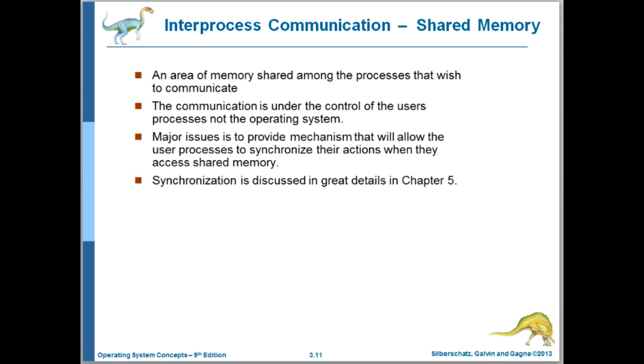The first written value will be overwritten by the second written value, and the final value of that shared piece of data will not reflect both updates. But that's a problem for process synchronization to solve.